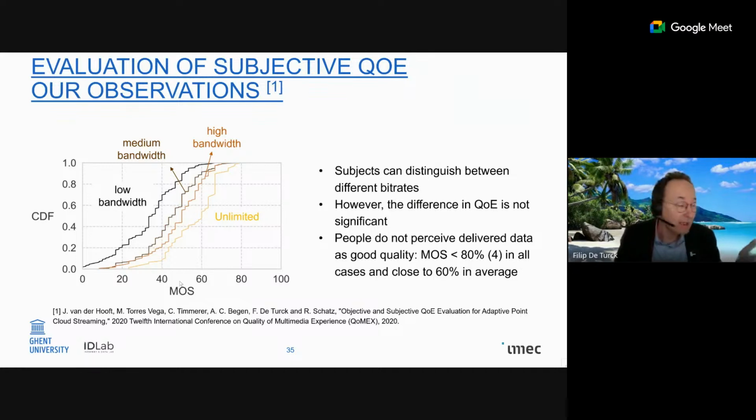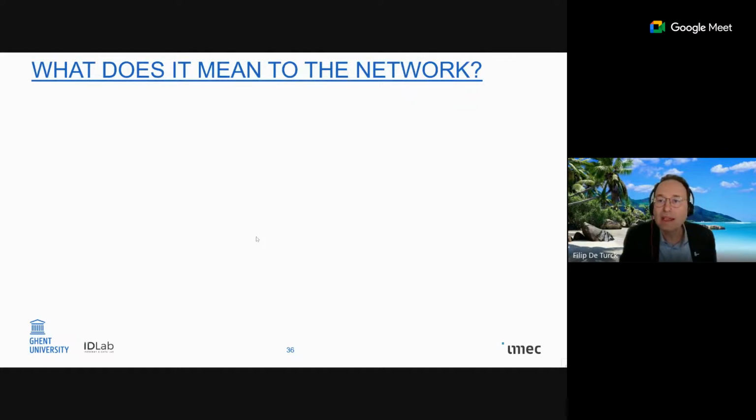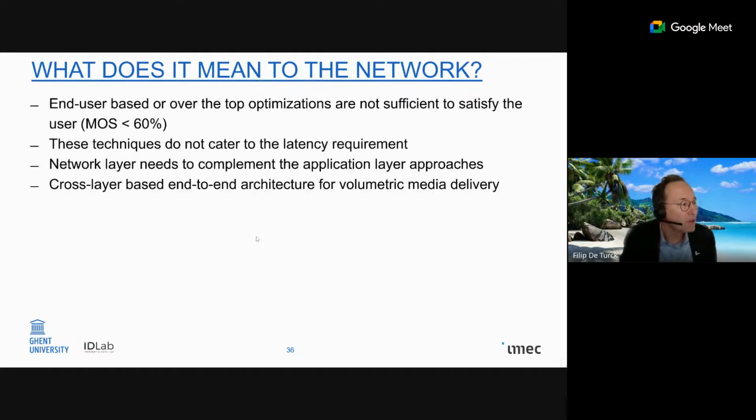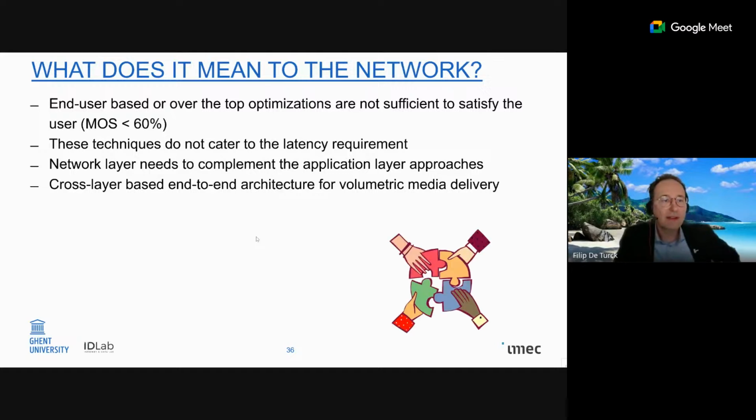And as you can clearly see from this observation, the mean opinion scores are less than we expected. So we expected in a high bandwidth scenario or even unlimited bandwidth scenario, much higher mean opinion scores. So it really means that there is something else that we should pay attention to, because the mean opinion scores are lower than we expected.